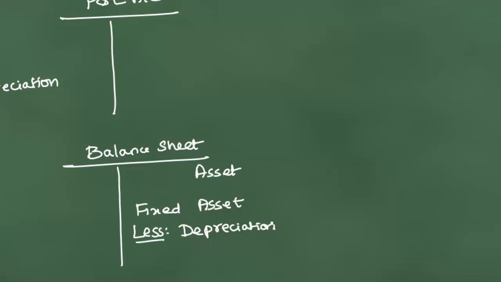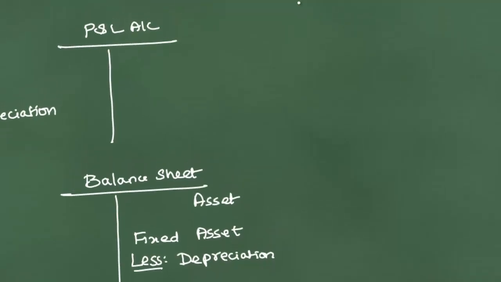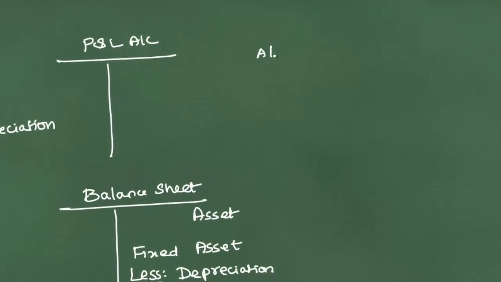So the accounting effect is, it is debited in the P&L account and credited in the asset account. Credited means reducing the value of the asset. An asset will always have a debit balance, so when you credit the asset, it will lose its value. So the accounting entry is going to be simple. Depreciation being a loss, we have to debit, so depreciation account debit.